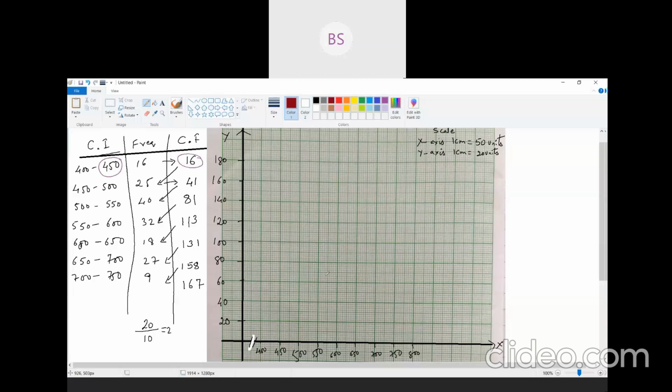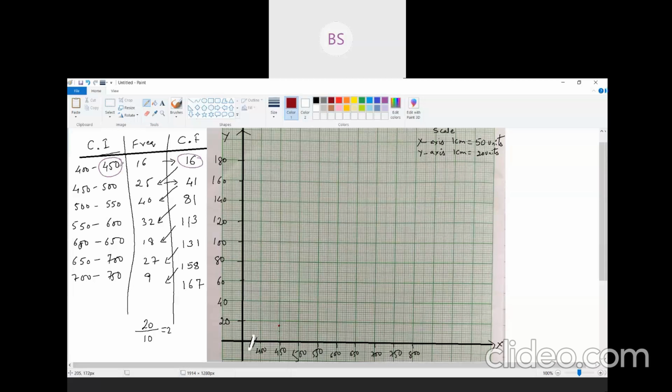So this is 450 and then 16. Now as we can see, this is 10, then we have 12, 14 and 16. So this will be the first point we plot.